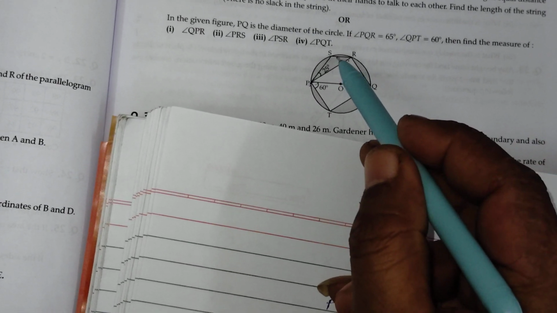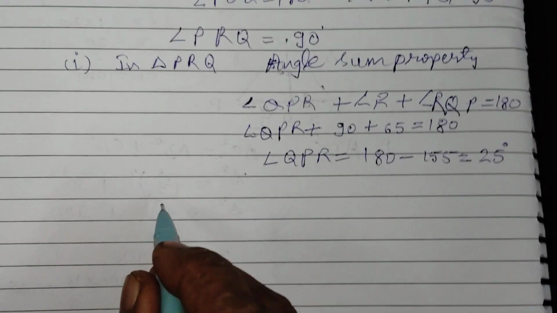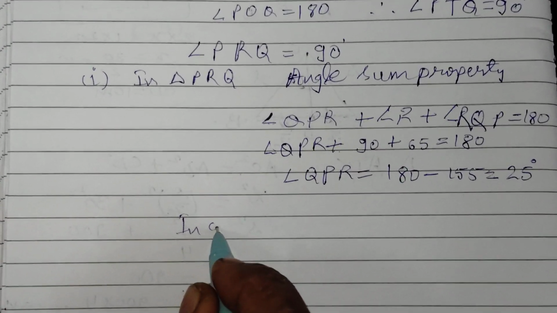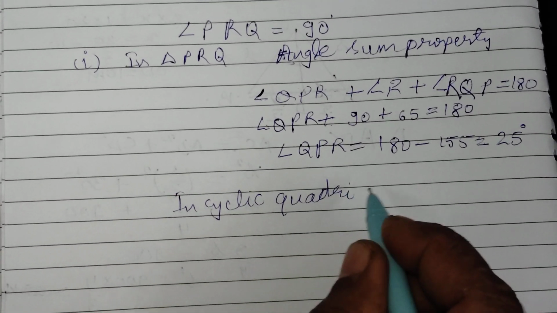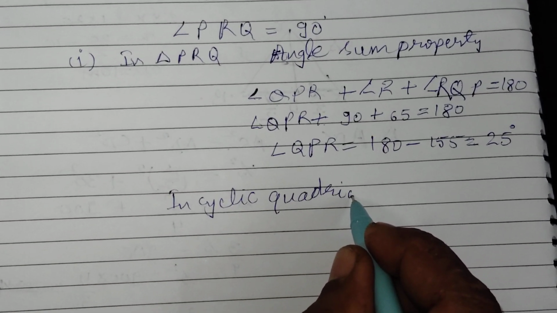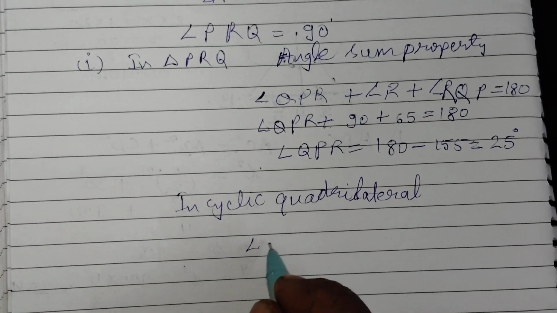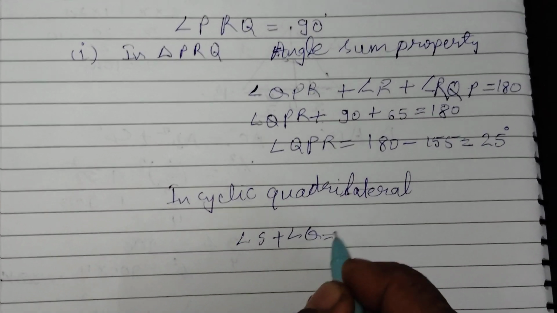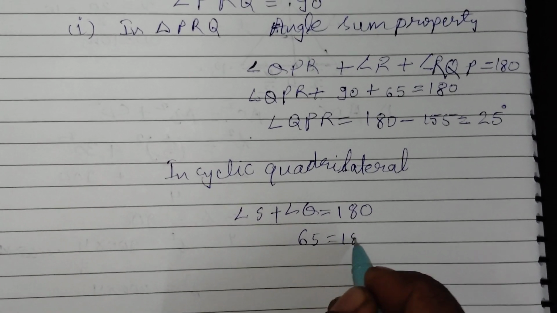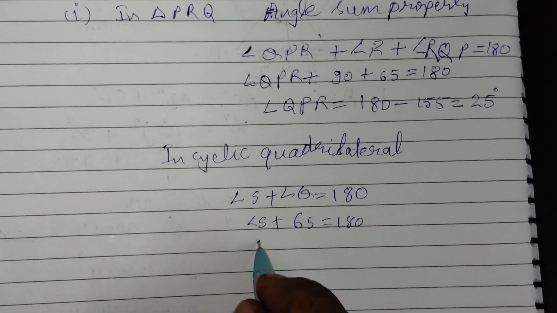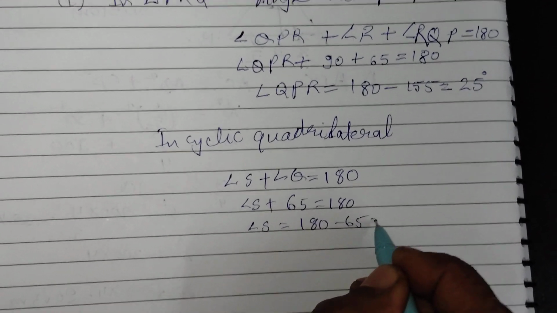Q is 65, so S will be 180 minus 65, that means 115 degrees. So in the cyclic quadrilateral, angle S plus angle Q equals 180 degrees and angle Q is 65. So angle S can be calculated easily: 180 minus 65 is 115 degrees.